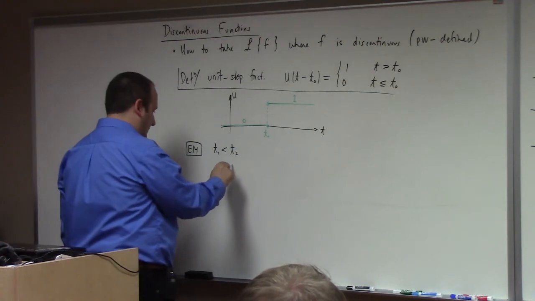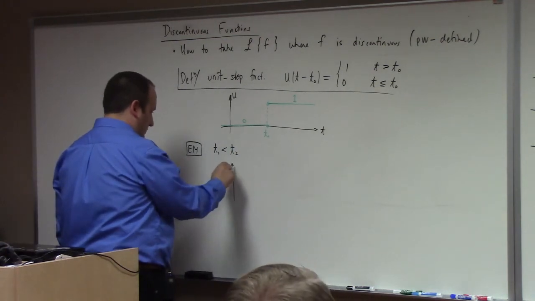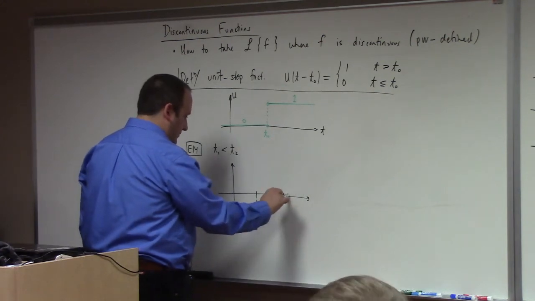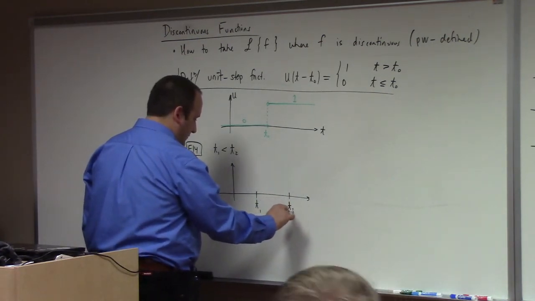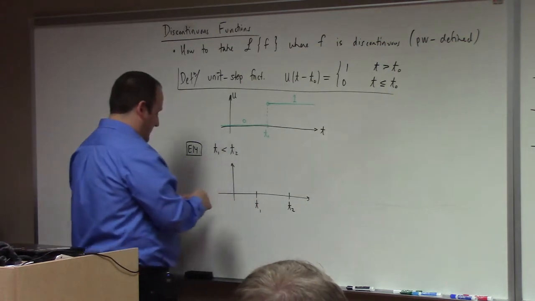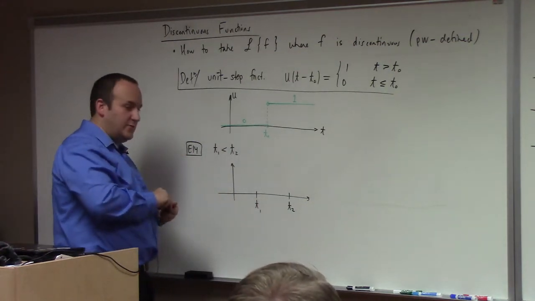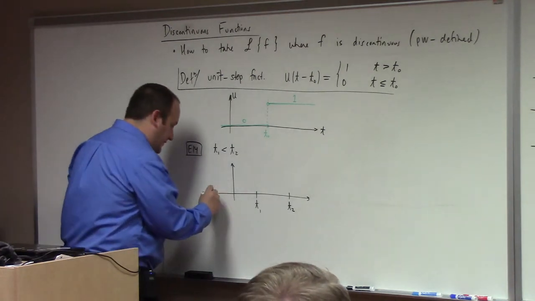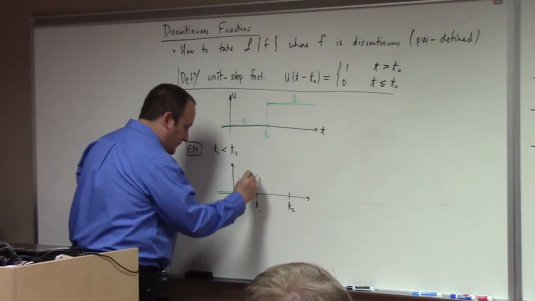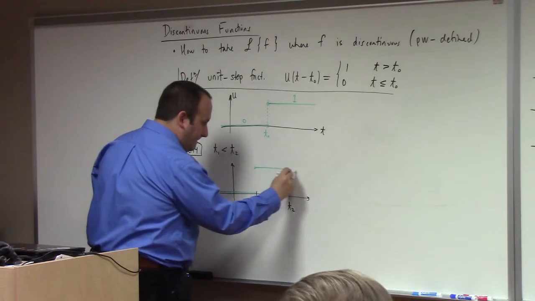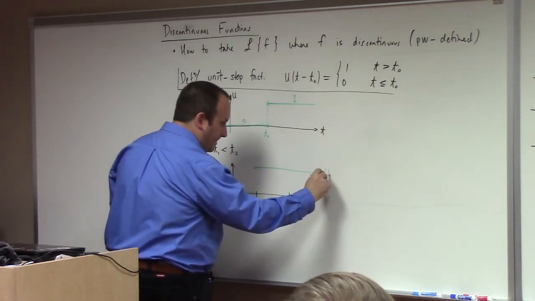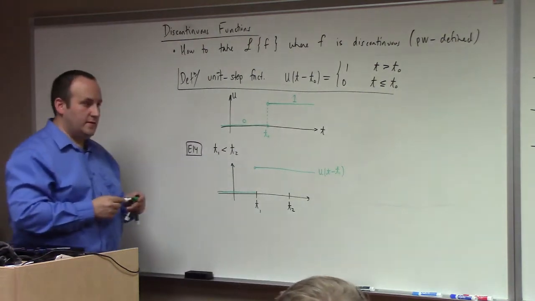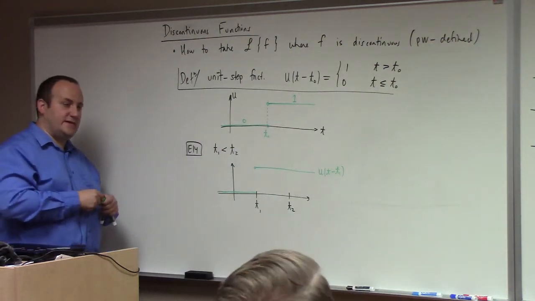What if I think about graphing, so here's my T1, here's my T2. Let's graph u of t minus T1 in green. Guys with me? What's the graph of u of t minus T2 then?